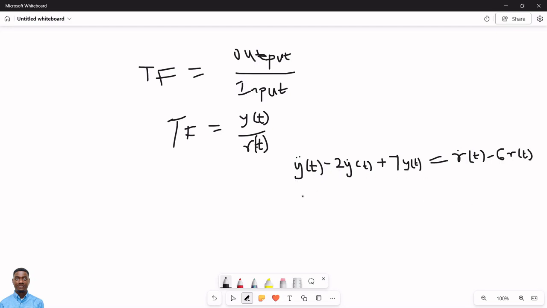To rewrite this using the operator notation, by now we know that the double dot means second order and the single dot is for first order. So D squared will be for second order using the operator notation.